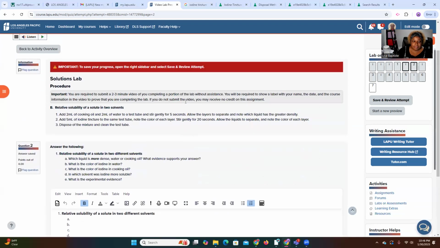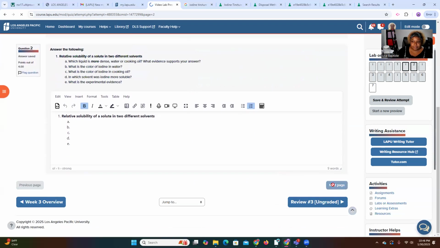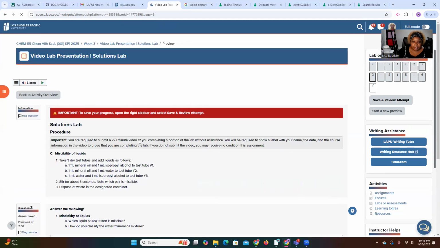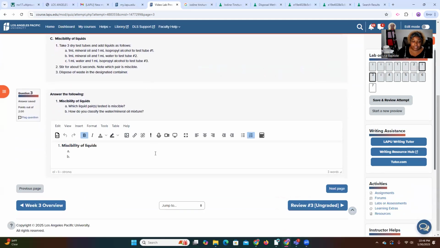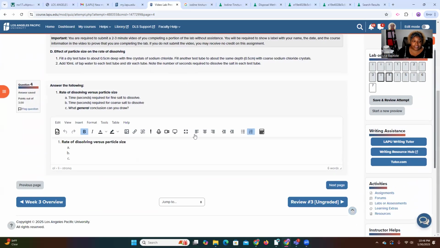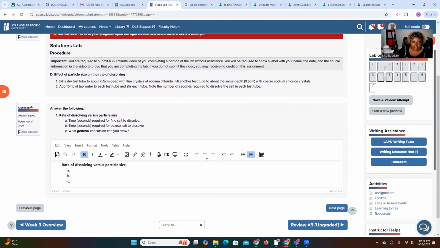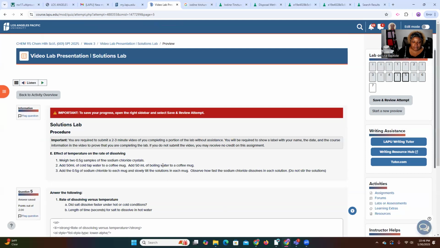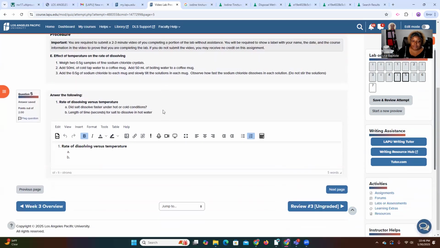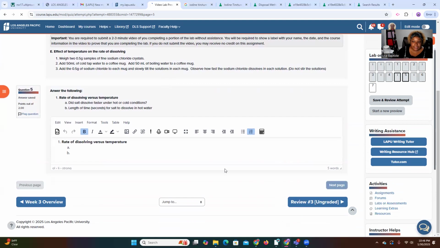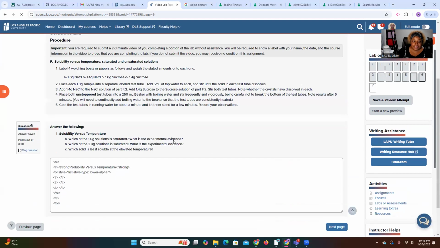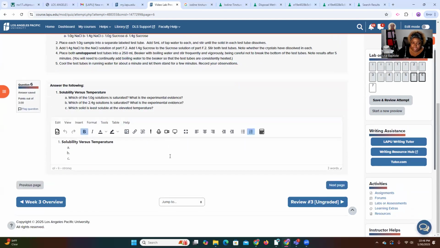So this is for part B. And then this is where you put your information for part C. This is where you put your information for part D. This is where you put your information for part E. And this is where you put your information for part F.